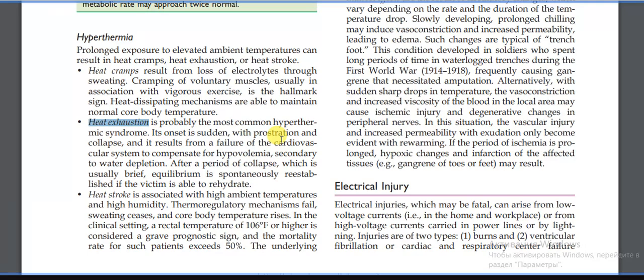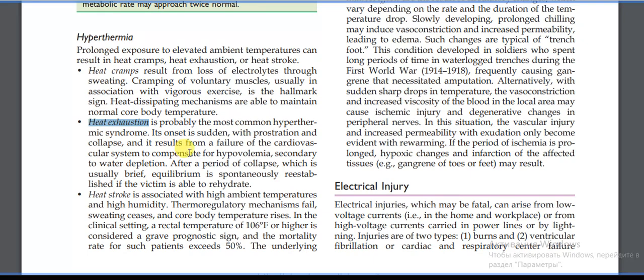It causes hypovolemia because of what? Because of failure of regulation of circulation. Blood vessels get dilated, so even without sweat, blood vessels are dilated, and it can cause a collapse.